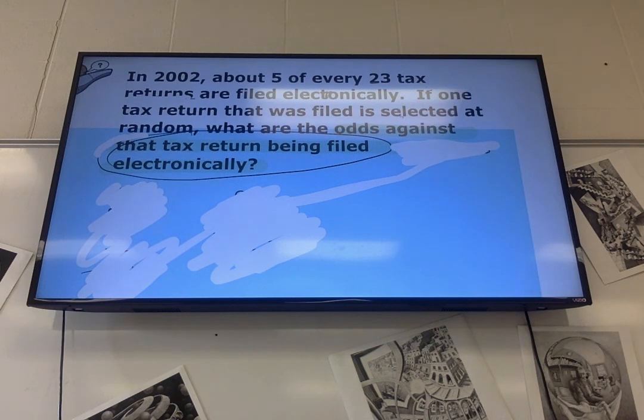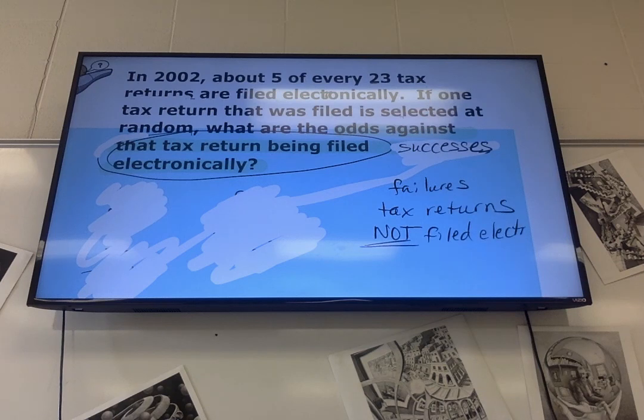Whatever comes after the word favor or against, that's the successes. So the tax return filed electronically, that's successes. Then failures are tax returns not filed electronically. That would be like paper, when you actually mail it in.